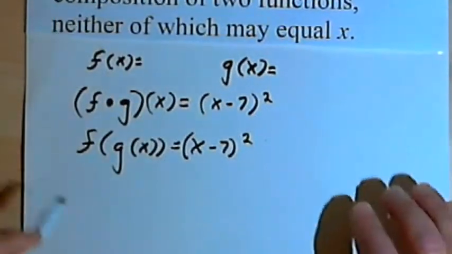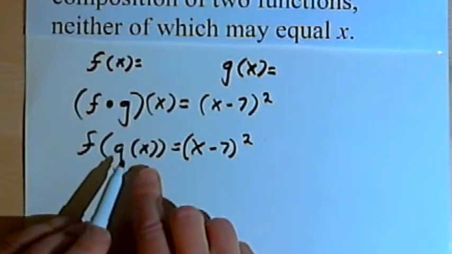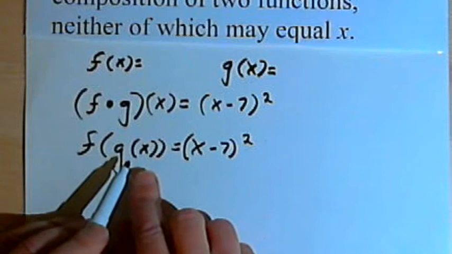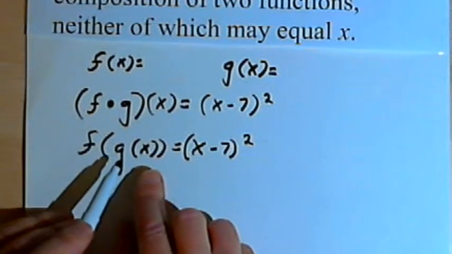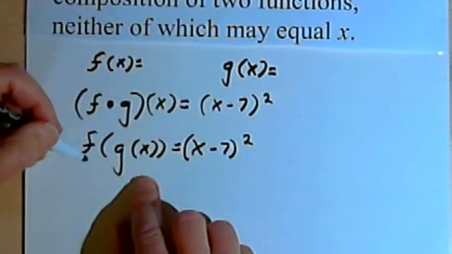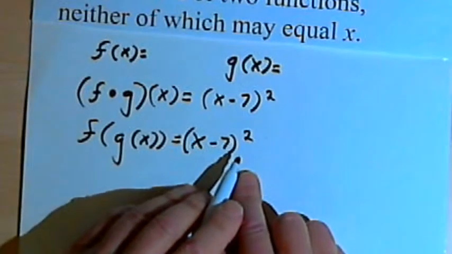Now, let's think about this composition for a second. What this is saying is there was some function g, and that did something to an x. It changed it in some way. And whatever the result of that change was, we then performed function f on that change, and we ended up with (x − 7)².